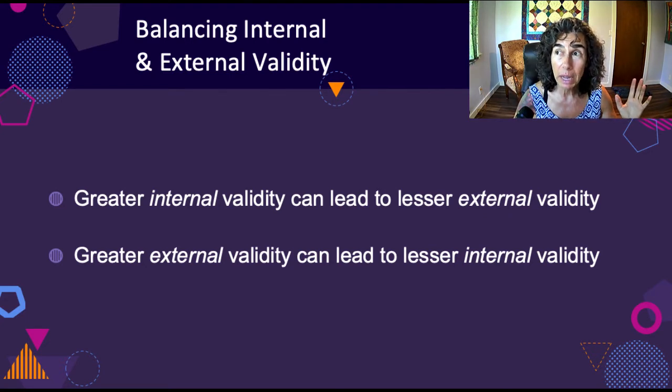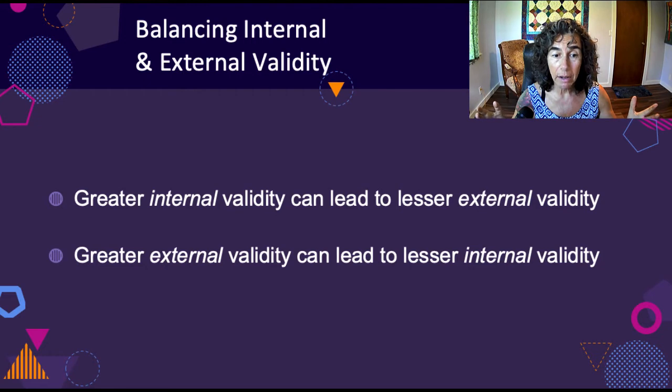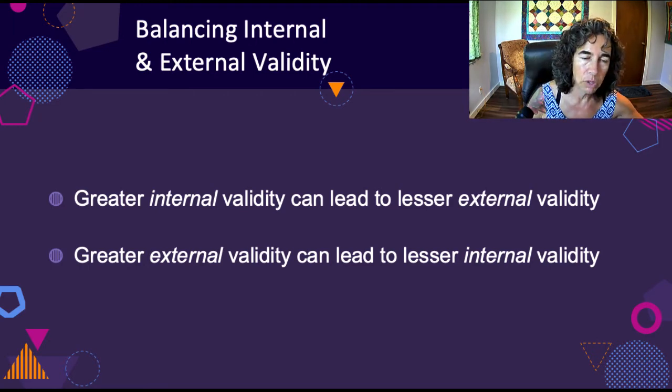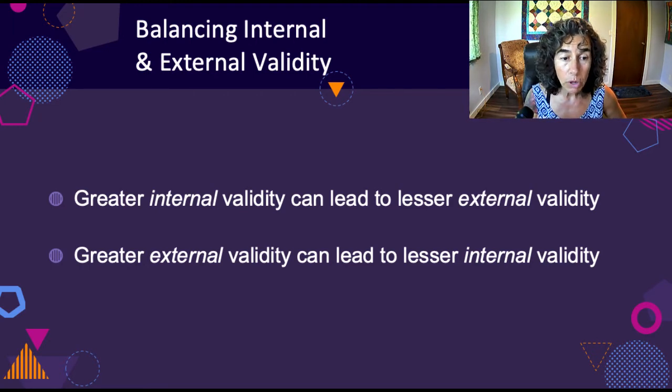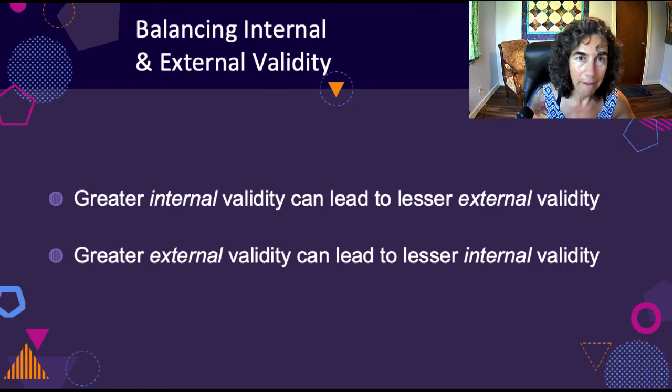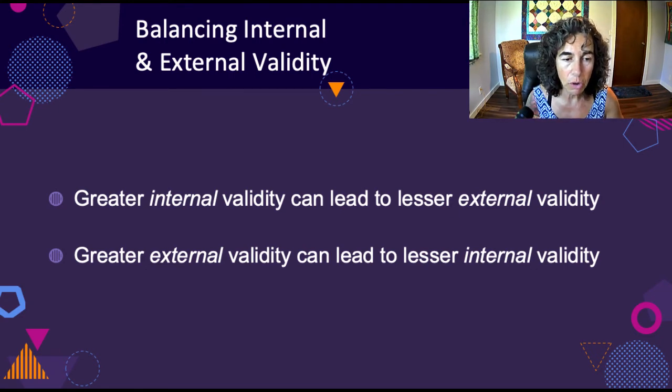So we've kind of controlled for all of the cuckoo things that could happen that we don't want to influence the behavior of our participants, but we lose the actual real world setting of where they live and where they work and where they actually are doing these behaviors. If we take them out into the real world, then we run the risk of having confounding variables come in. So in any study, it's going to be important that we balance the internal and external validity.